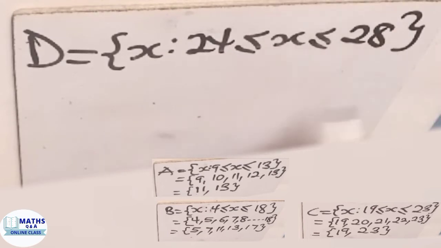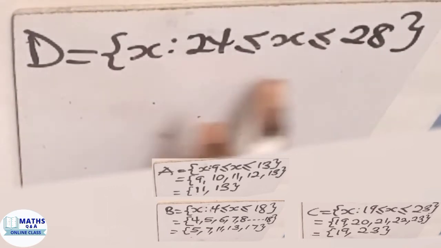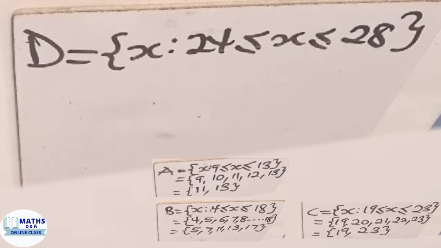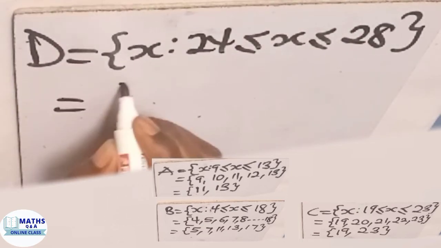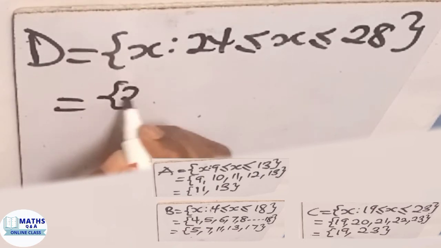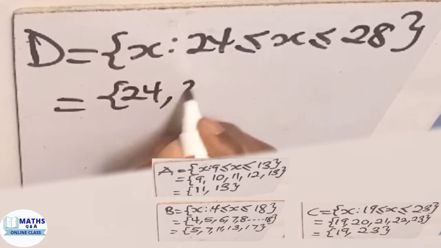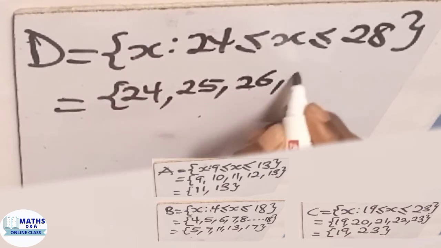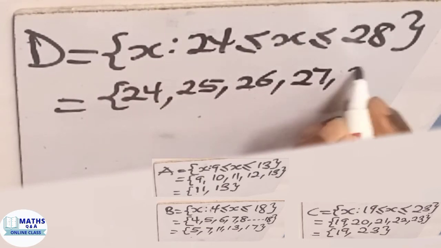So we know this to be numbers that start from 24 and end at 28. So let's write those numbers: 24, 25, 26, 27, 28.